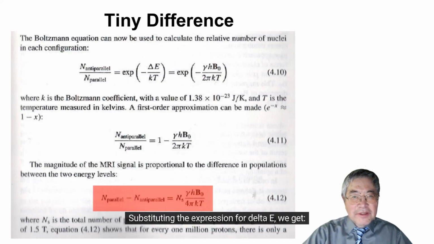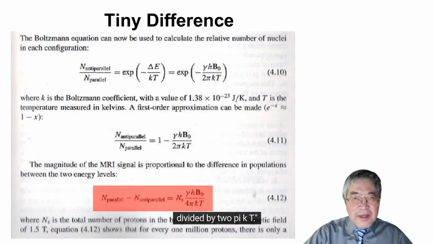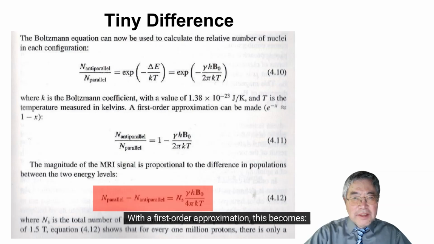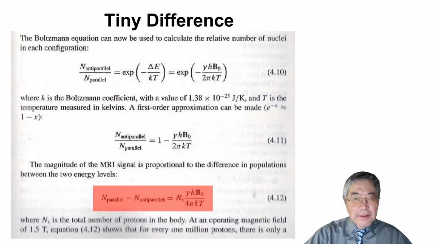Substituting the expression for delta E, we get n antiparallel divided by n parallel equals the exponential of negative gamma times h times B0 divided by 2πkT. With a first-order approximation, this becomes n antiparallel over n parallel approximately equal to 1 minus gamma h B0 over 2πkT.